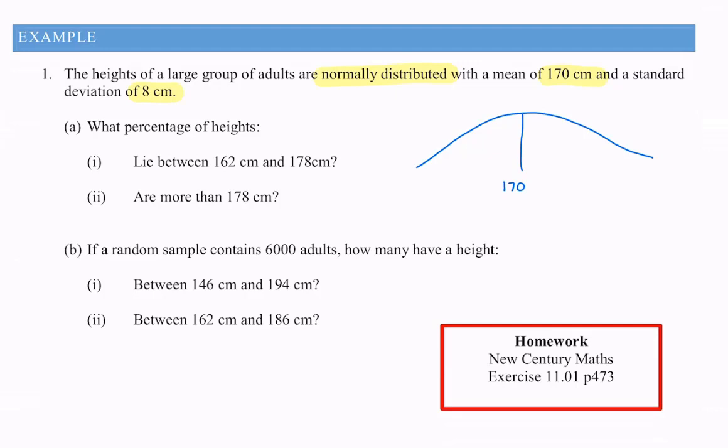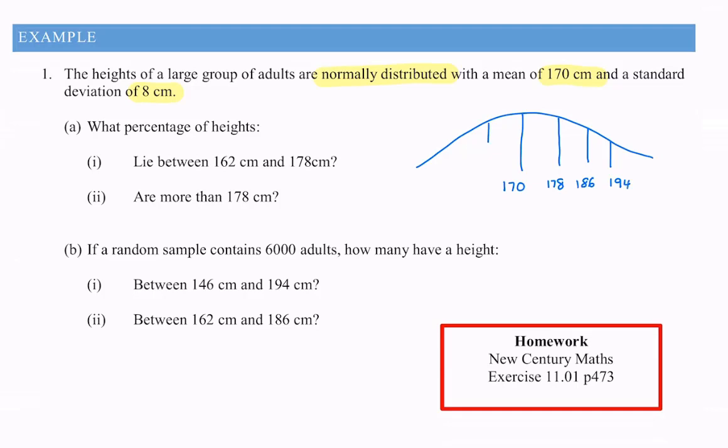Now the next thing I'm going to do is work out all of those standard deviation places. So 170 plus 8 gives me 178. Between 170 and 178 is one standard deviation. If I add on 8 to 178, I get 186, and if I add on 8 again, I get 194.